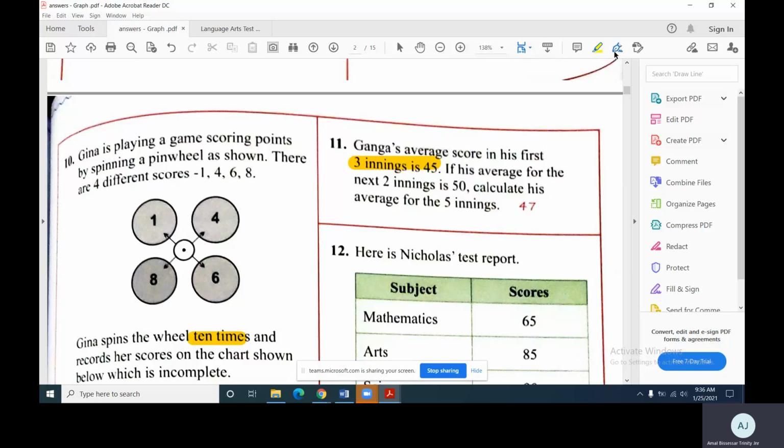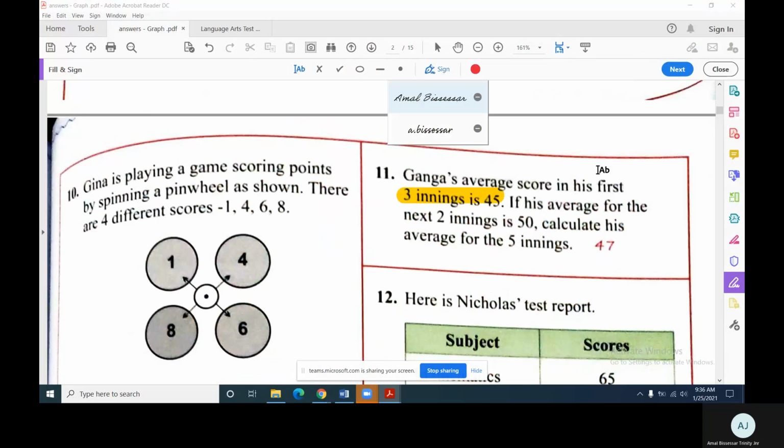So your first job would be to deal with 3 multiplied by 45. 5 3s are 15, and 3 4s are 12, and 1 outside 13, 135.